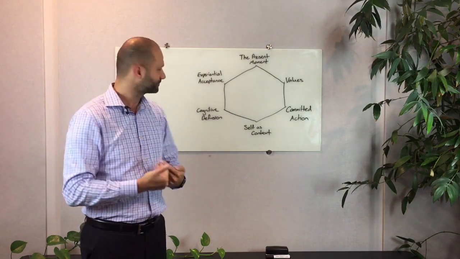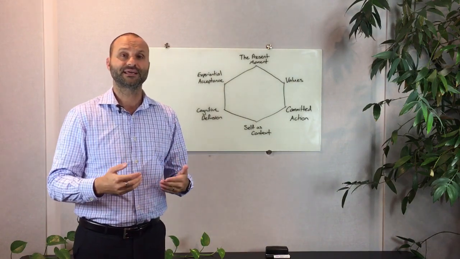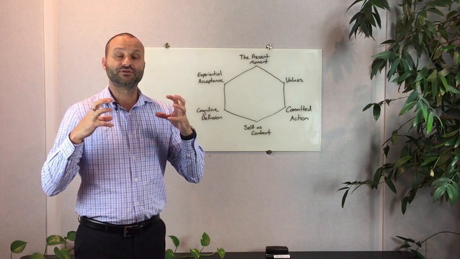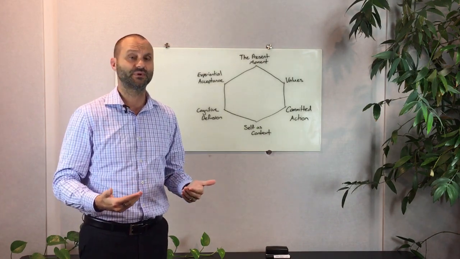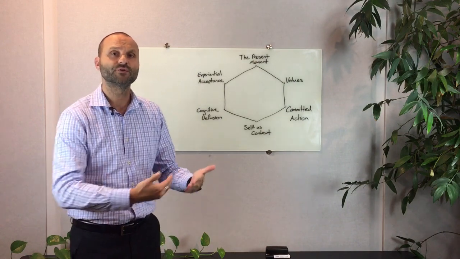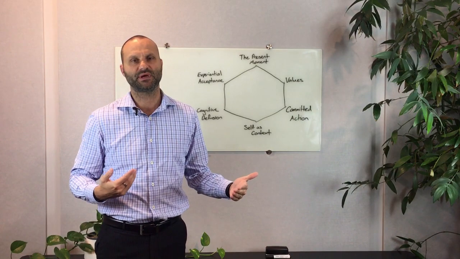of myself. We are, in some sense, in self as context, practicing diffusing from the conceptualized self. The conceptualized self being the self story. So by diffusing from the self story, I get to take another perspective.